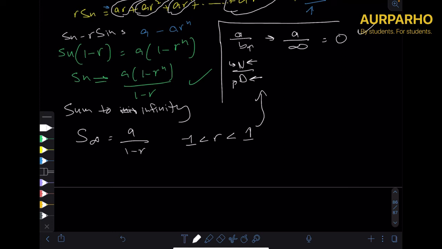So if I have any fraction such that the denominator is a bigger number, and I am raising it to some power, then as I increase my power, the denominator will increase more than the numerator, and hence this whole value will become lesser and lesser as x becomes larger and larger.